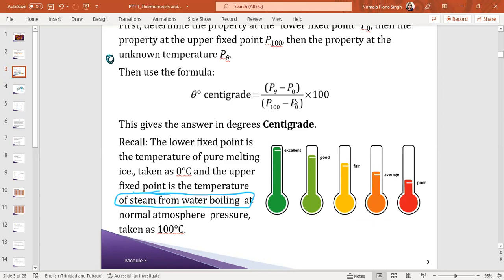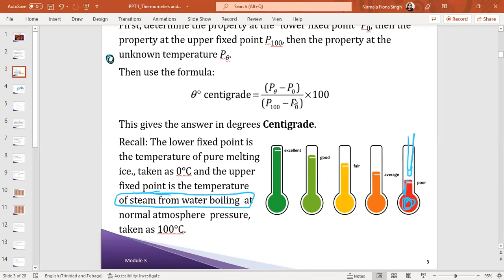They're not telling us to put the thermometer in the boiling water. They're going to tell us to put it in the steam right above the water.